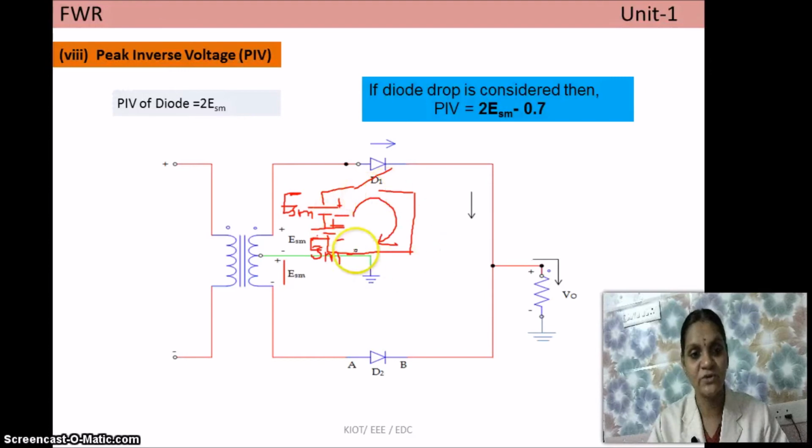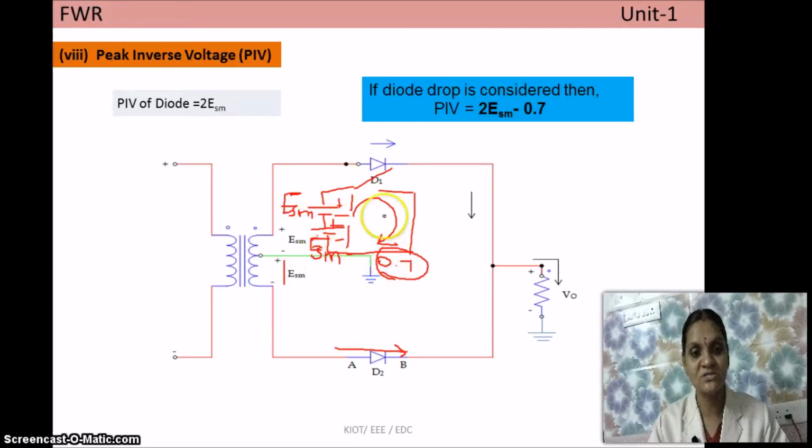So current is flowing in this direction. When you apply KVL here, this is rise, this is rise. Here the circuit is open, and again here the diode D2 is there. Its forward voltage drop is 0.7. Actually the current is flowing through the diode in this direction, but for analysis purposes we are considering the clockwise direction. So here polarity reverses, so you have to consider minus.